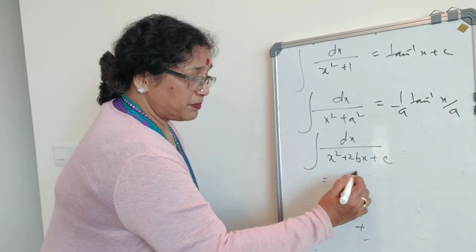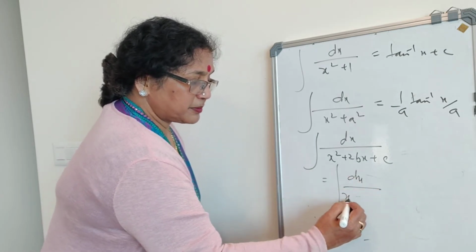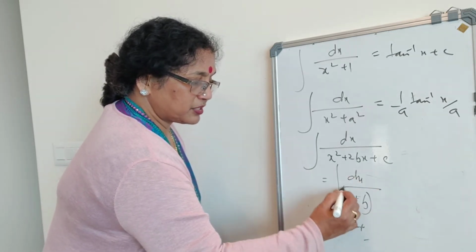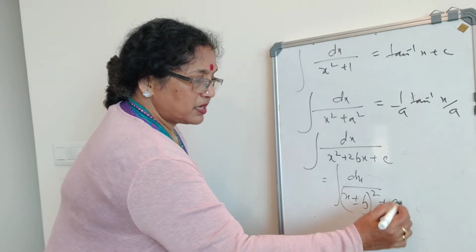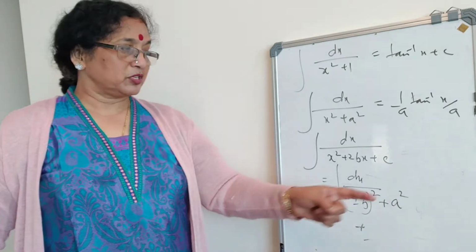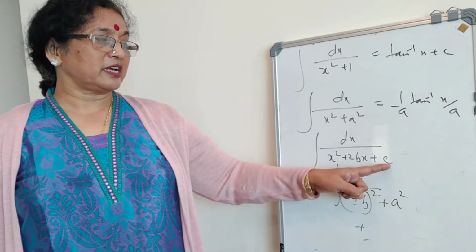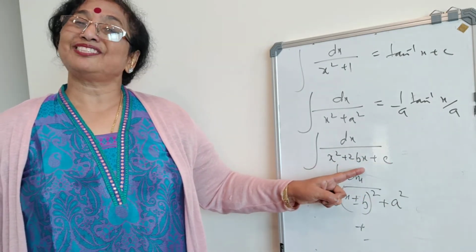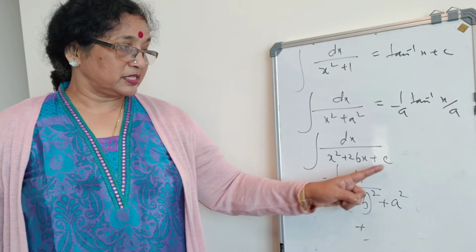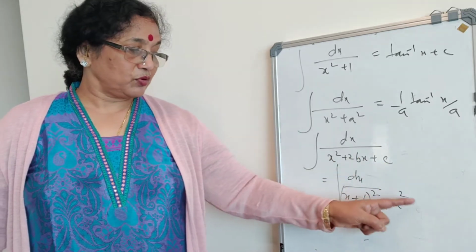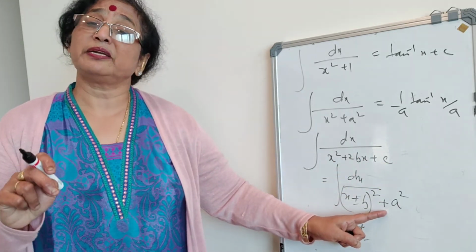For example, after completing a square, you get (x plus minus b) square, and the constant becomes a square, some number, because that a square is the result of c minus b square. So it's plus, and you get tan inverse.